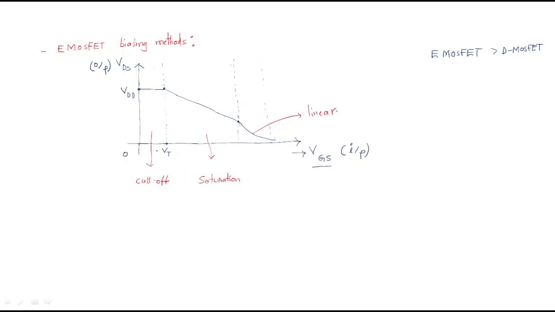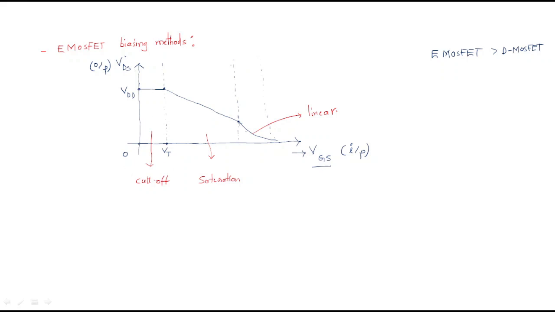After the threshold voltage, if you increase VGS, VDS slowly decreases and reaches some point. After that, it maintains some linear relation. At which region is it off?